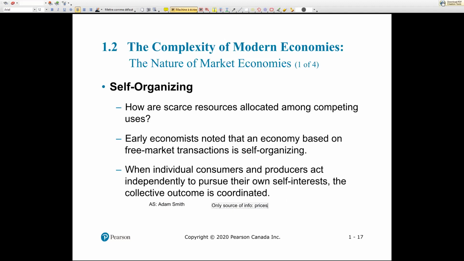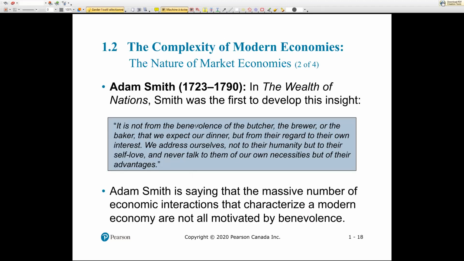I know, oh, I like apples. The price of an apple is $1. Good, I buy. That's the only thing I care about. And if everybody does that, we're all better off. So that's his famous quote: it's not from the benevolence of the butcher, the brewer, or the baker that we expect our dinner, but from their self-interest.